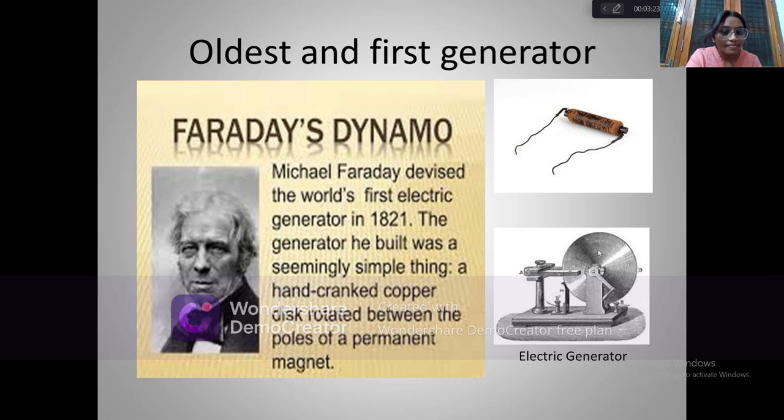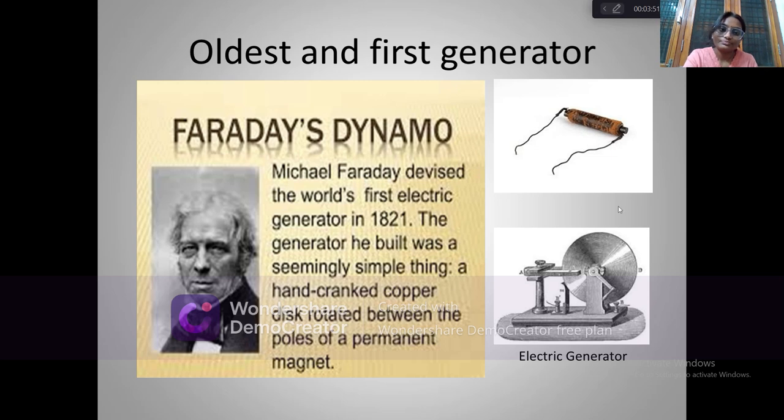This is the construction of an electric generator at that time. This was the first generator constructed by Faraday. Here we place this small hand cranked copper disc in this setup, between the poles of the permanent magnet, so that it becomes an electric generator.